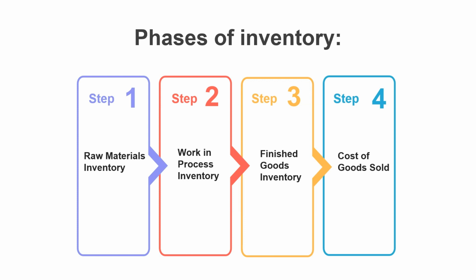If you have those kinds of direct and even indirect materials on hand, those materials are an asset to you. They have probable future benefit and should be reflected as part of inventory. We'll refer to it as raw materials inventory.